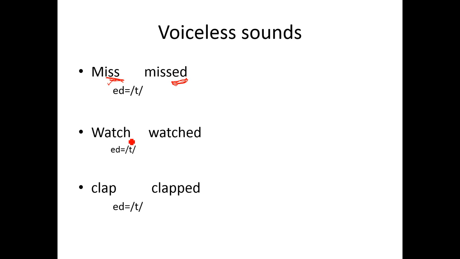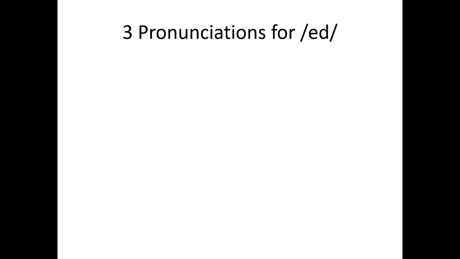Let's do another one. Watch. That's voiceless. Watched. The ED sounds like T. Clap. Clapped. And all of these, we have a voiceless sound at the end of the verb, so the ED sounds like T.